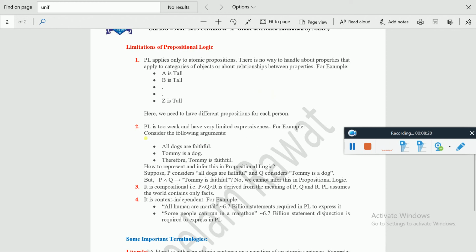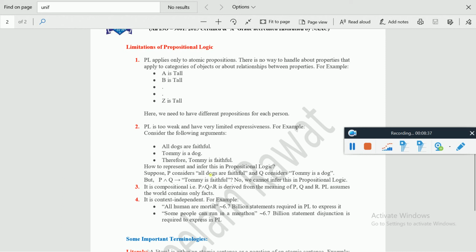The second limitation is that propositional logic is too weak and has very limited expressiveness. For example, if I said all dogs are faithful, Tommy is a dog, therefore Tommy is faithful. How do we represent this in propositional logic?